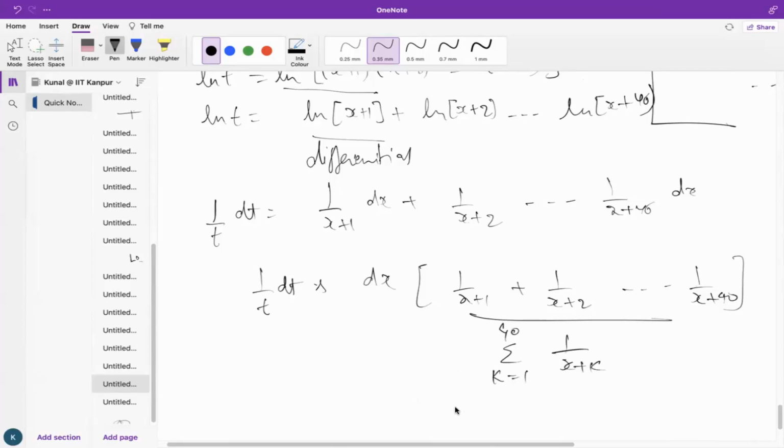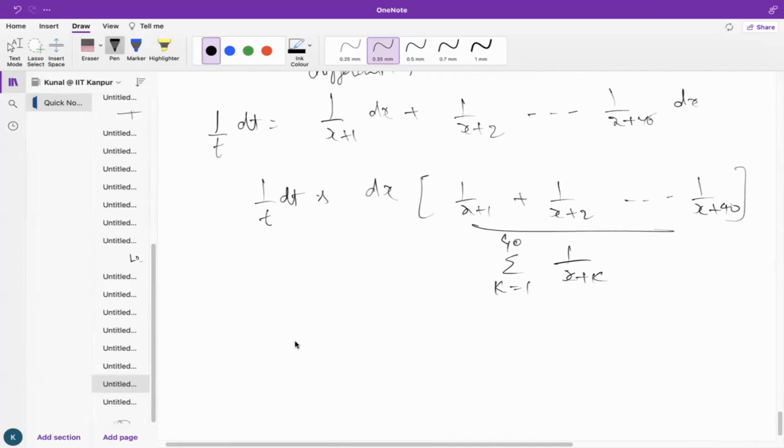So 1 by t dt is equal to summation of k is equal to 1 to 40, 1 by x plus k, dx.